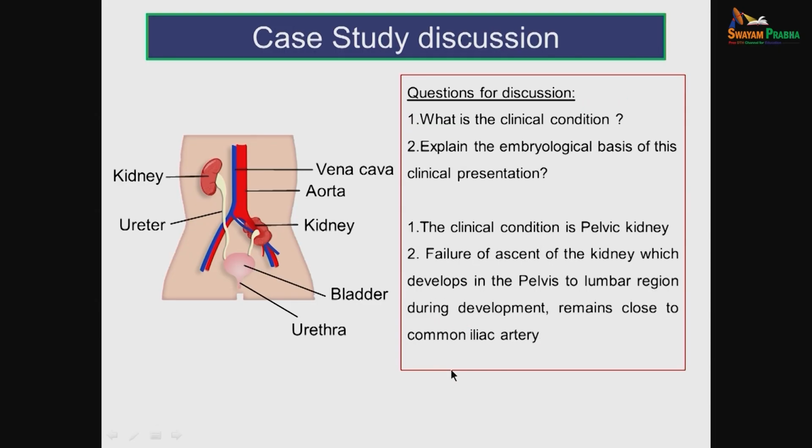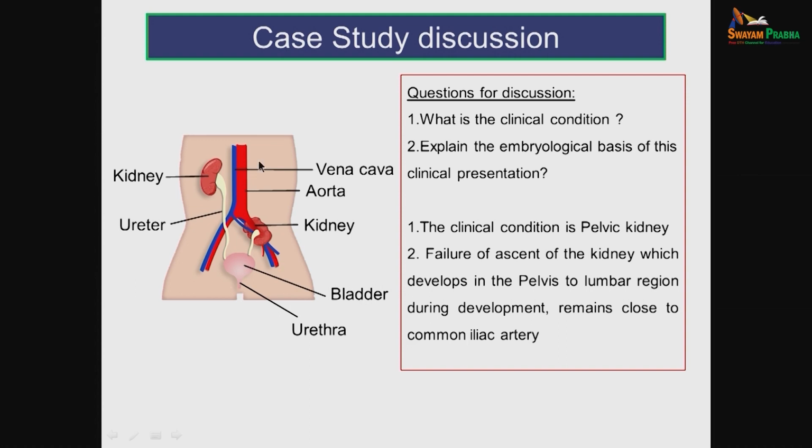So, the cause of this is that it's a pelvic kidney on the left side; the right side kidney has ascended up to its normal position. So, it's called pelvic kidney. We have already talked in detail about this. It is mainly because of the failure of ascent of the kidney, which usually develops in the pelvic region.